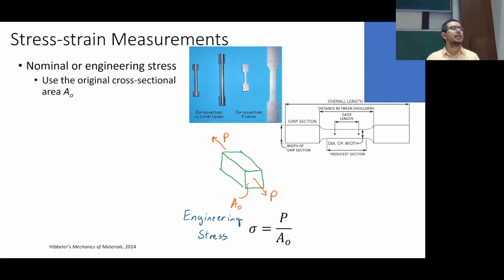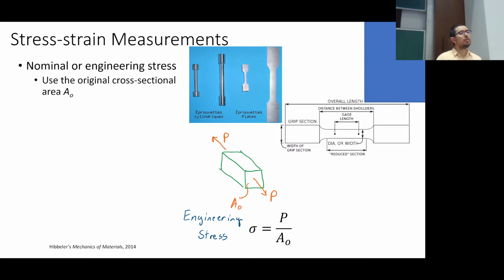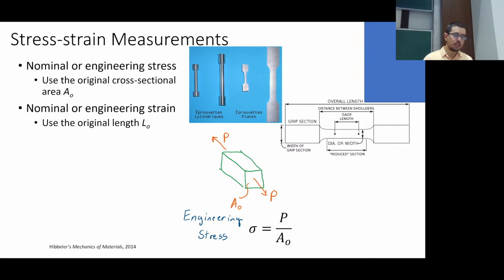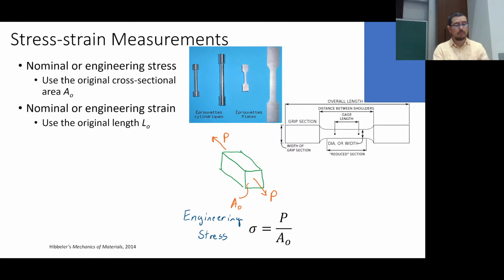Not necessarily with these materials. In order for the volume to be conserved, it has to have a very special property, and we'll get to this in the next lecture: its Poisson ratio has to be very close to a half. But in this case, we're going to say that the area is more or less the same. Again, it's the cross-sectional area, if I've got this thing that I'm pulling apart.